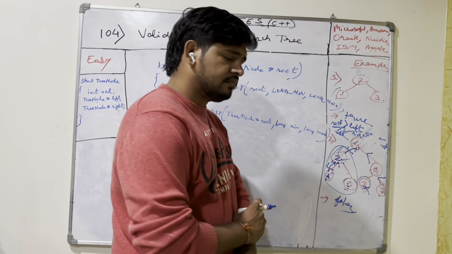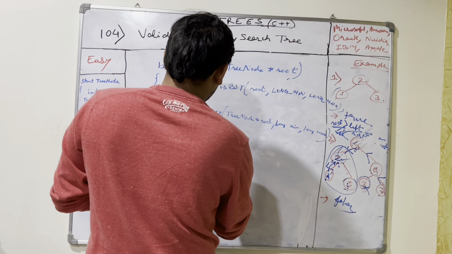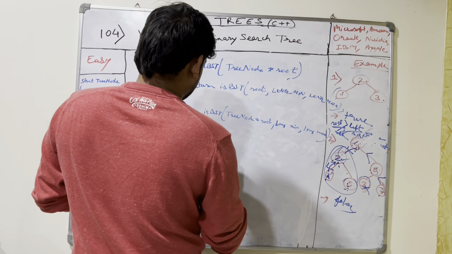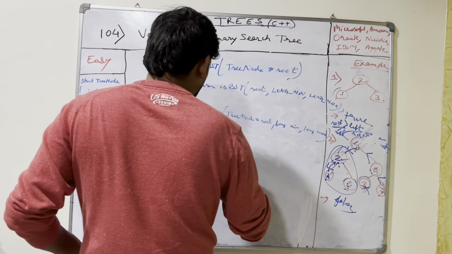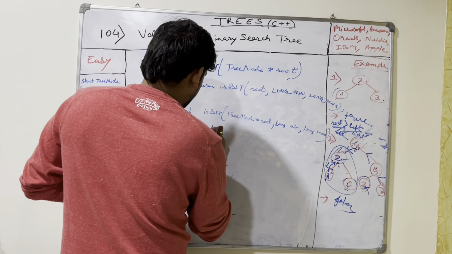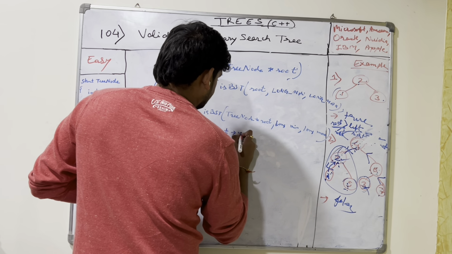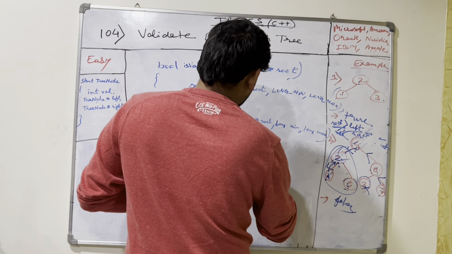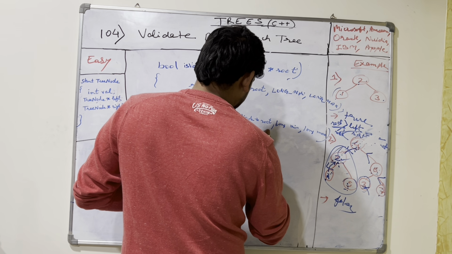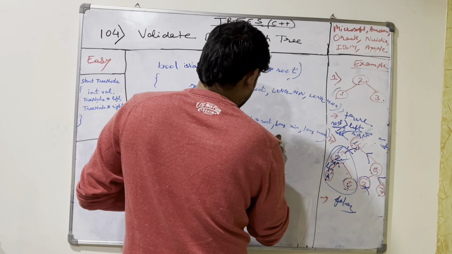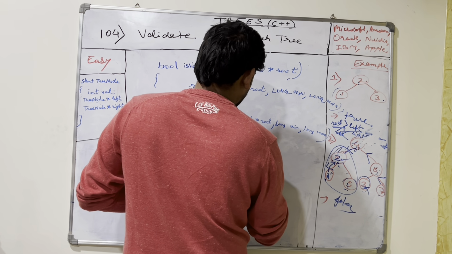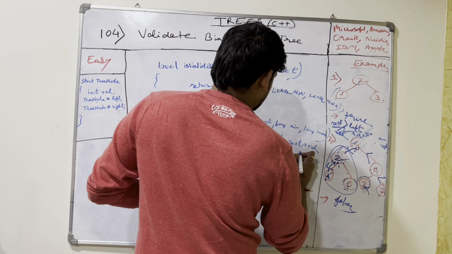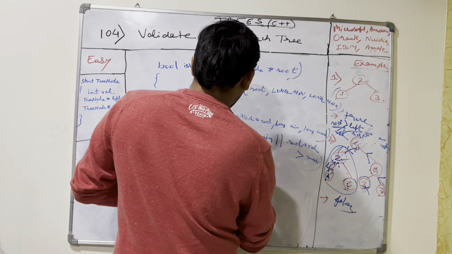Now here we see that if the root value is less than the min value, whatever the minimum value is there, or if the root value is greater than the max value, then we return false.